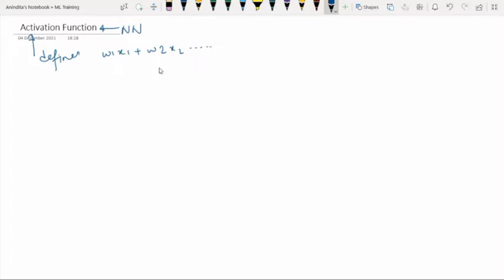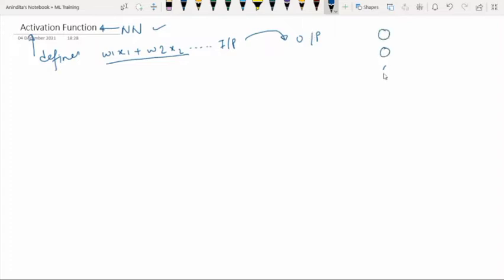So the activation function in a neural network defines how the weighted sum of the input is transformed into an output from a node, right? So this is the main concept.